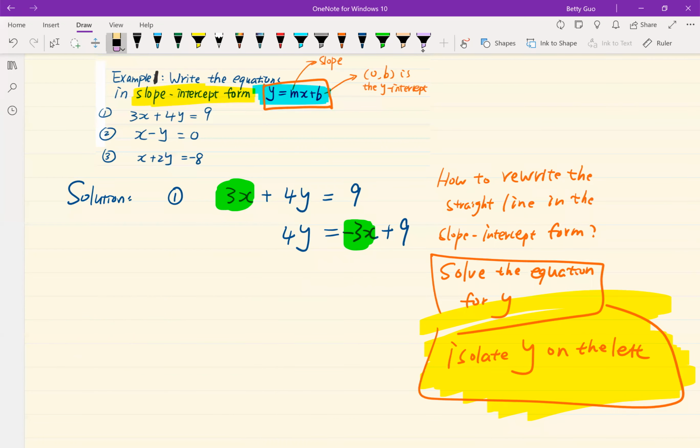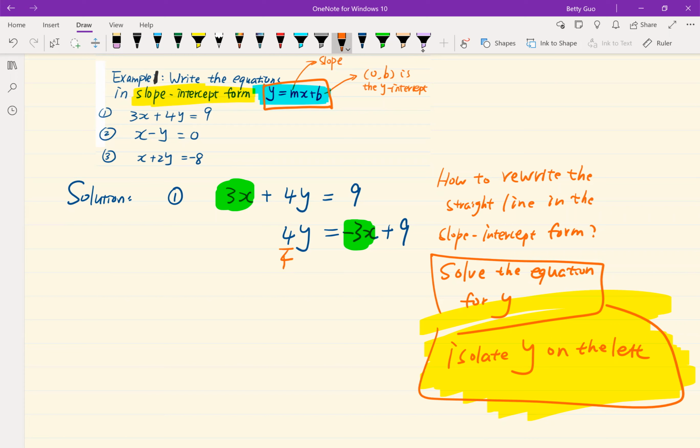After we move 3x over to the right, on the left we have a 4y, but we want a y by itself, right? How do we get rid of the coefficient of y, which is 4? Divide, plus, minus, divide, multiply. We're going to divide by 4. We are going to divide everything in the equation by 4.